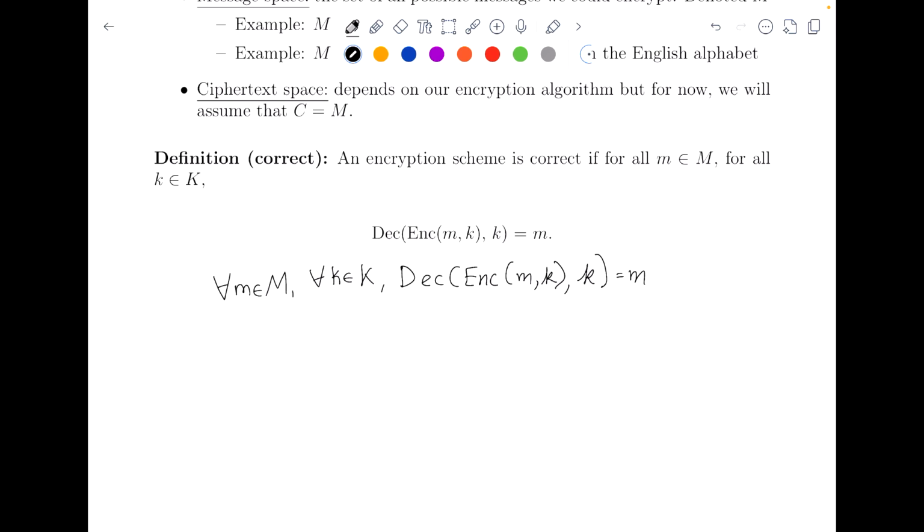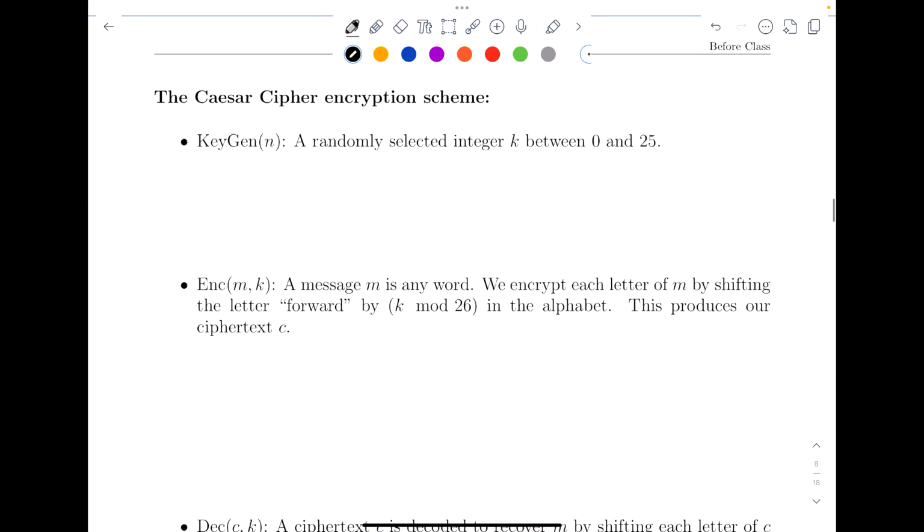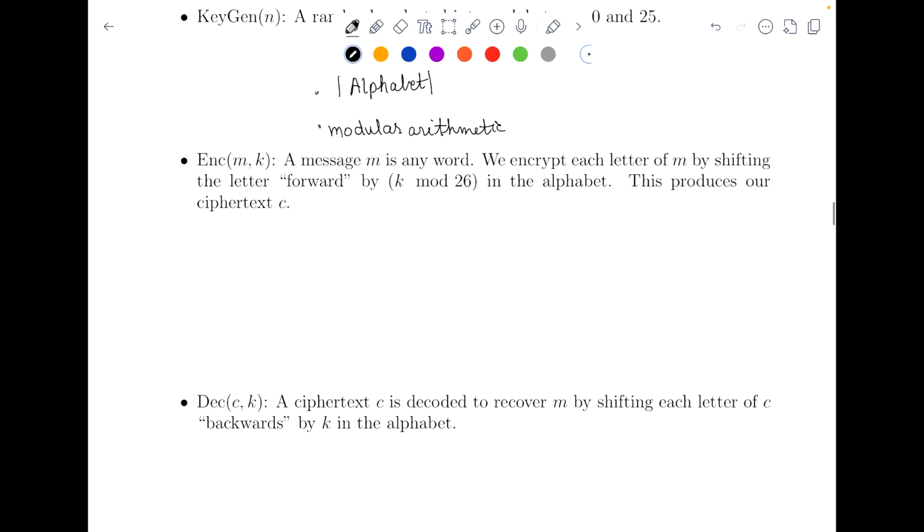Let's understand these definitions a little bit better by going back to the Caesar cipher and formally defining it. In this case, I have keygen of n, and n is actually 26 because it's going to be the numbers 0 to 25. That's the space that I can select from. Thinking about that counting, this is going to be the size of whatever alphabet I want to use. And we are, of course, also going to be using modular arithmetic to be able to do the algorithms here.